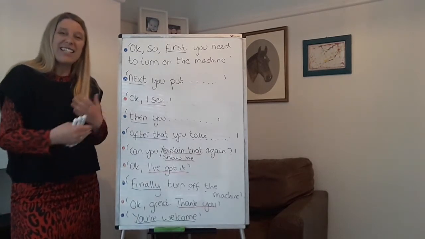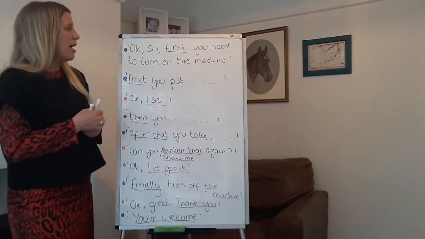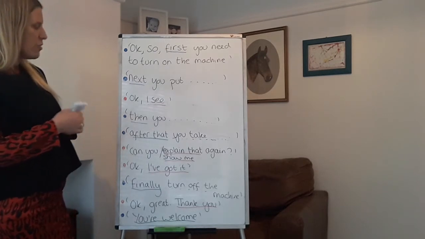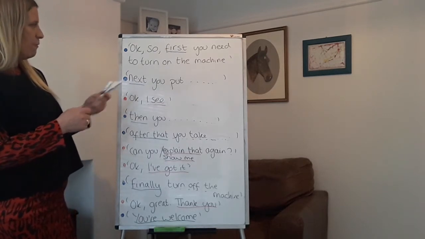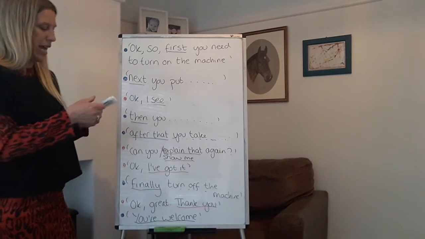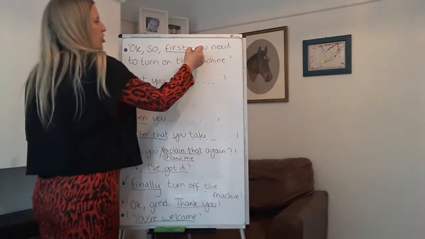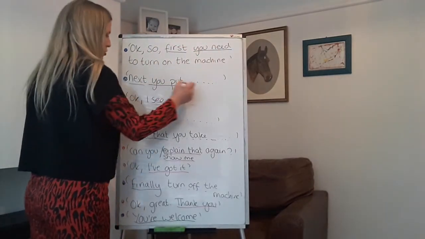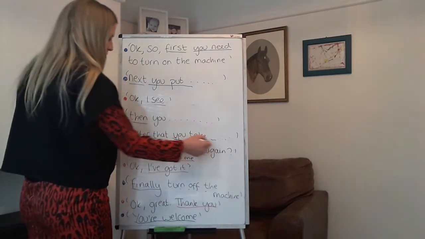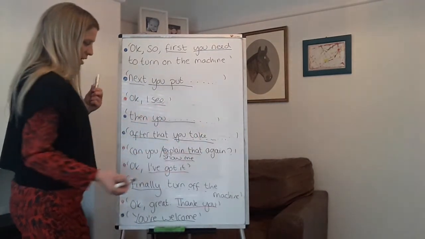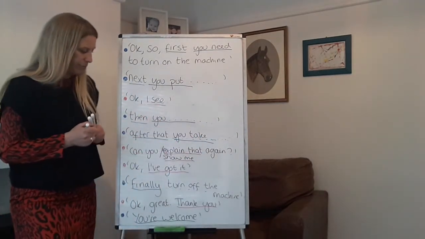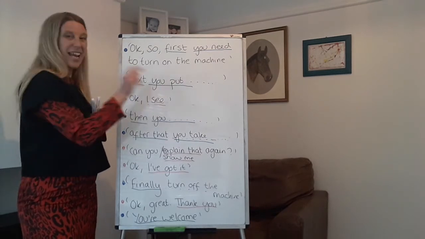All right, so these are the kind of things we use. And you can see that when we're speaking, we might say first you need, or you put, or you take. So we might say you.